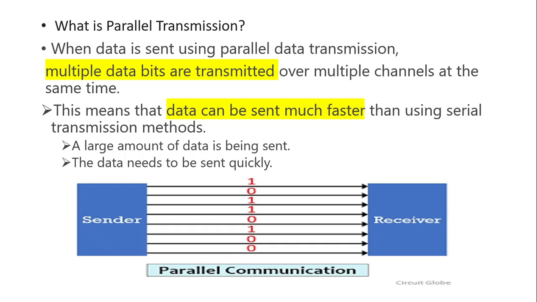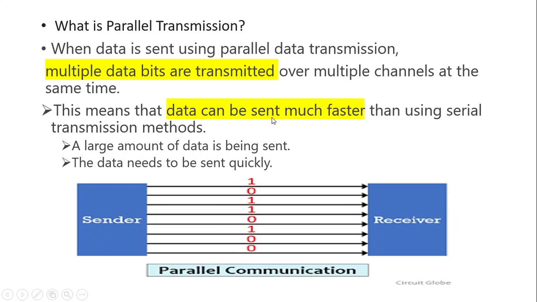For the time being, understand that in parallel data transmission, multiple data bits are transmitted over multiple channels at the same time. That is, in this figure you will see that multiple data bits are transmitted at the same time between the sender and the receiver, whereas in serial only one bit is sent at a time.